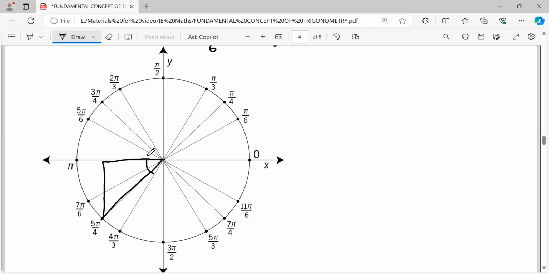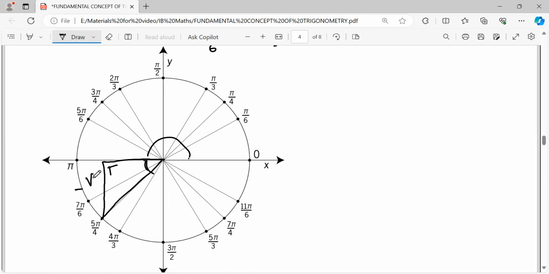Actually, the angle 5 pi over 4 goes from 0 to here, but I'm going to use this reference angle to determine the values of sine, cosine, tangent, and so on.